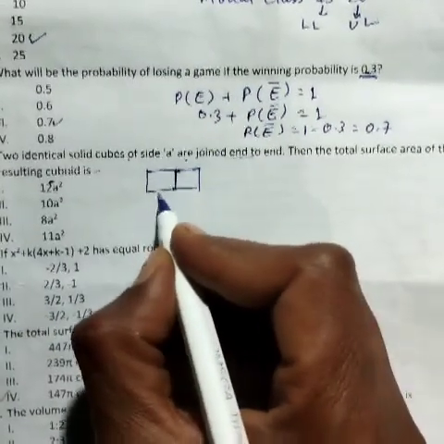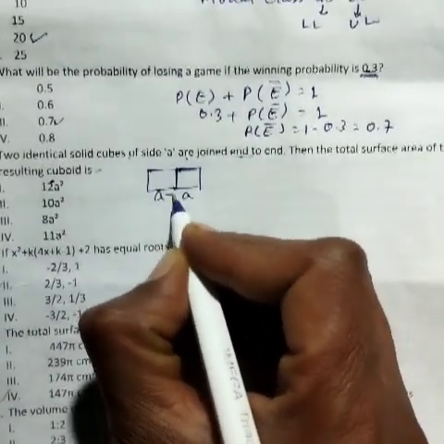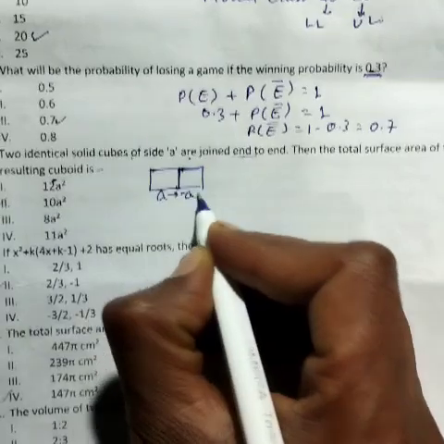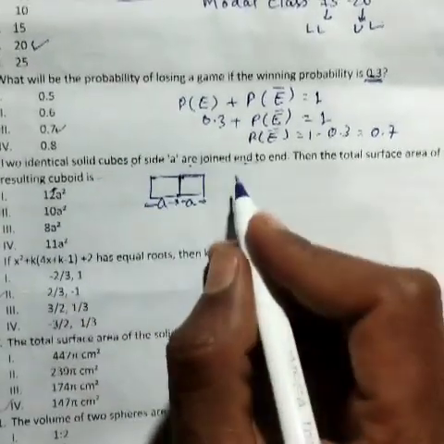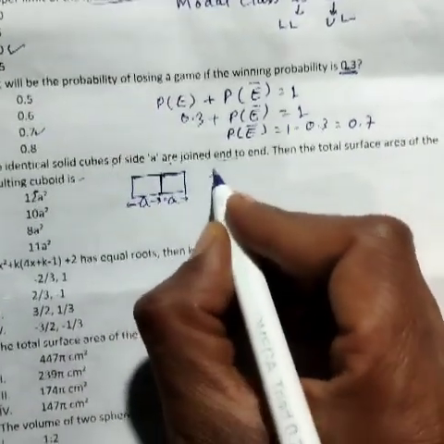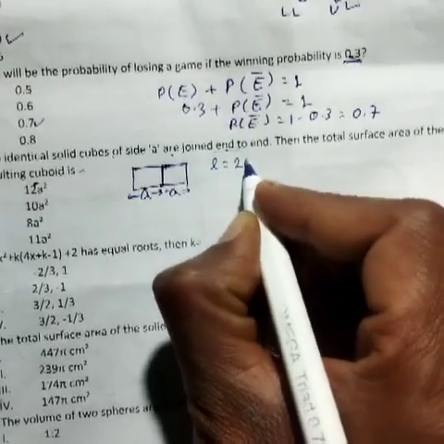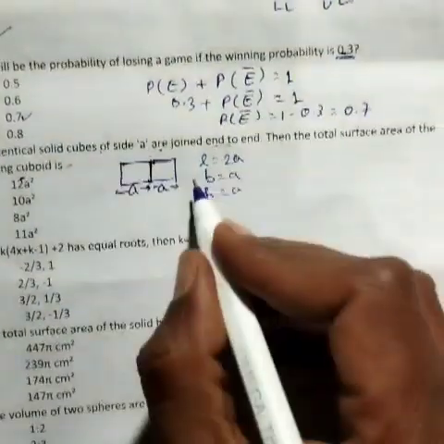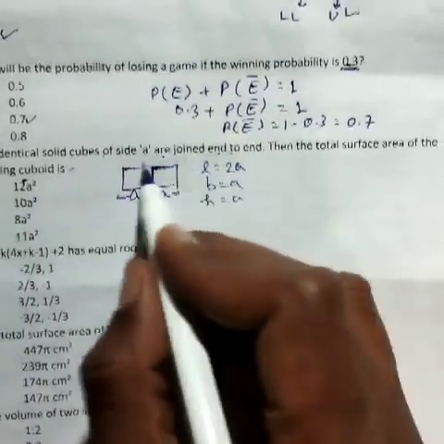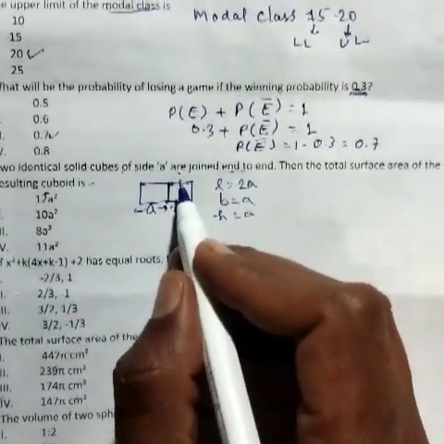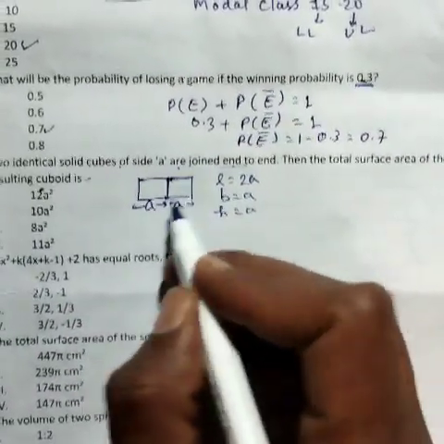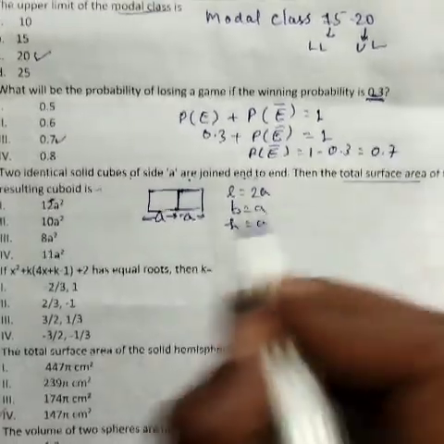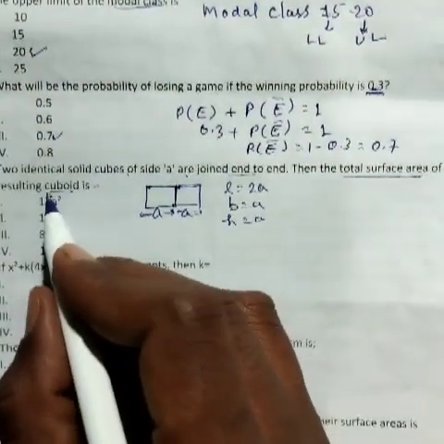It means the length will become 2a, and height and breadth will remain the same. Here the length will be 2a, breadth will be a, and height is equal to a. Now when two cubes are joined end to end, it will form a cuboid. It has been asked the total surface area of the cuboid.